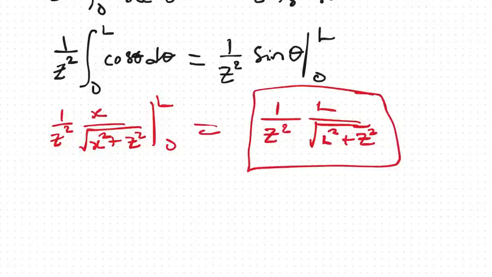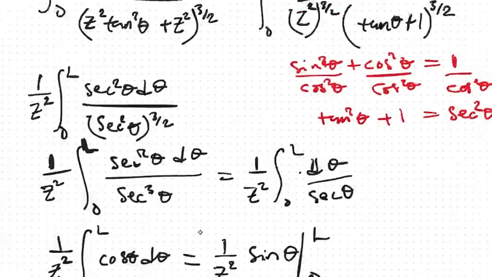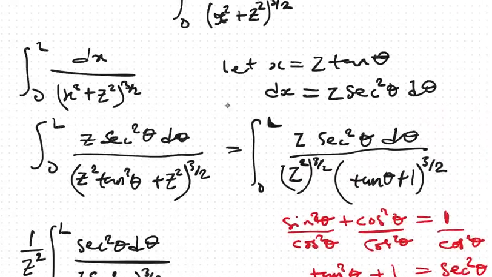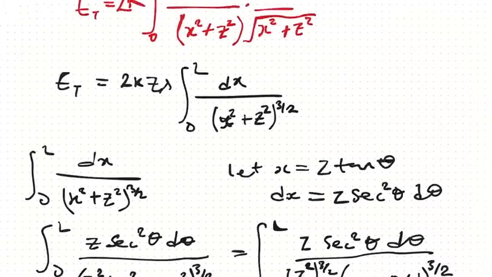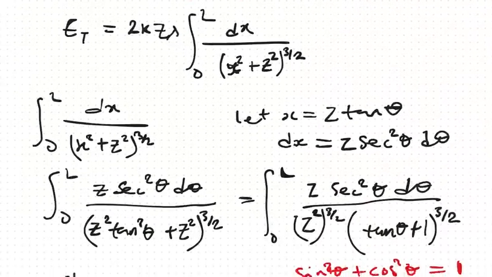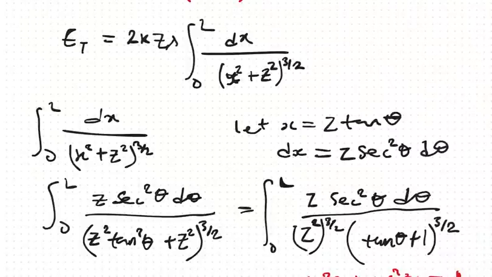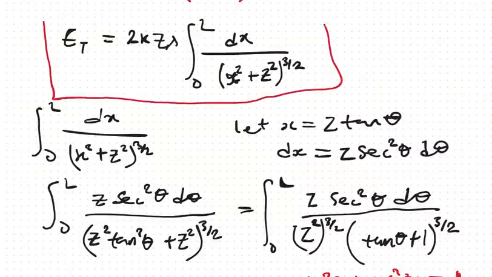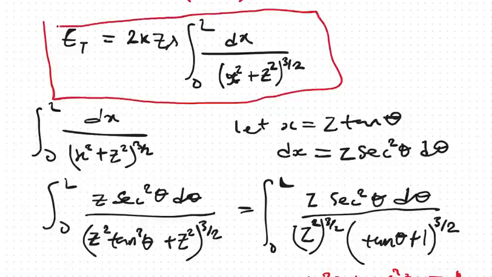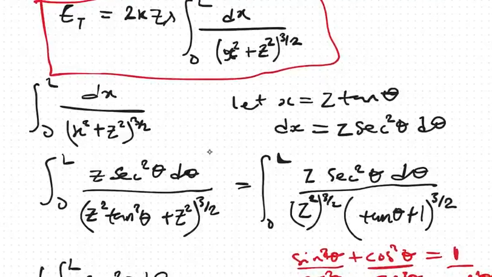This is what we have before we started integrating. We have this very expression, and it's actually this integration part that we got. So substituting it back, we can now find our electric field.